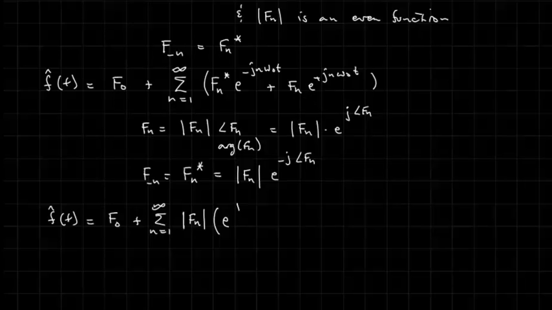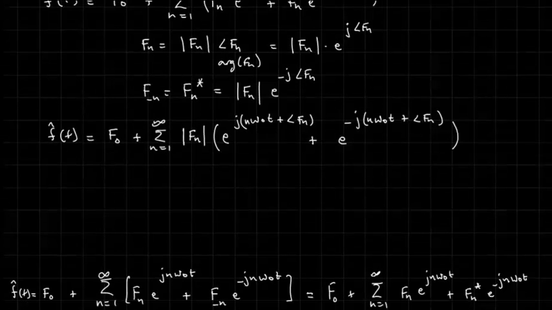We'll have e to the j n omega naught t times e to the j angle f of n. And we can actually combine those together, so it's e to the j, n omega naught t plus angle of f of n, plus e to the minus j, n omega naught t plus angle of f of n.